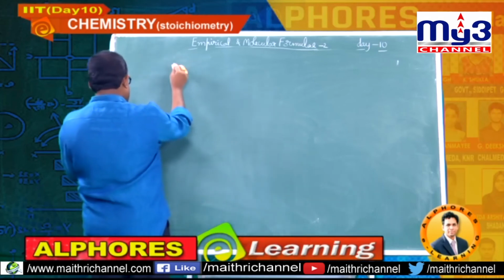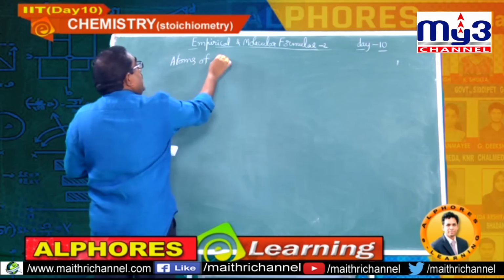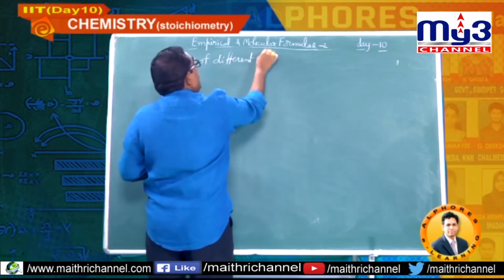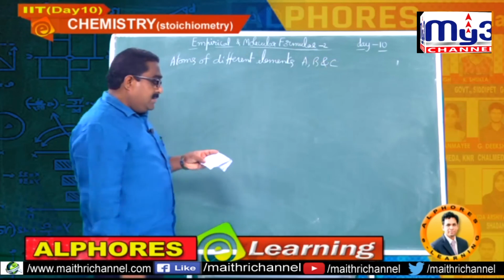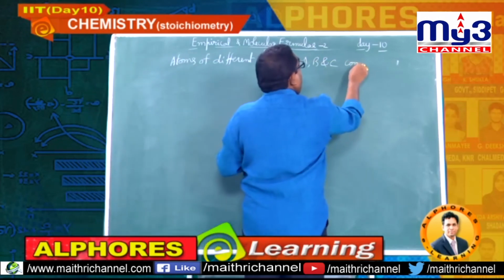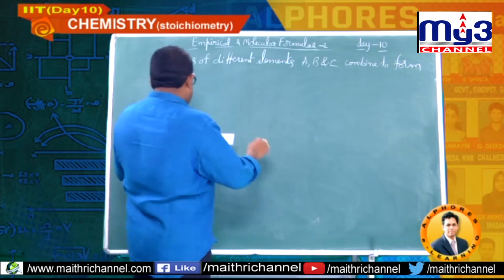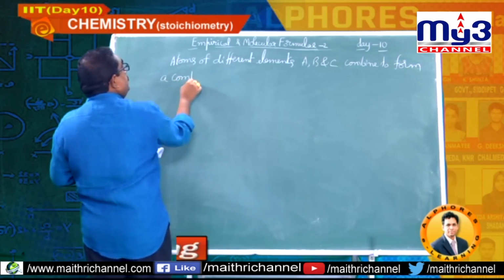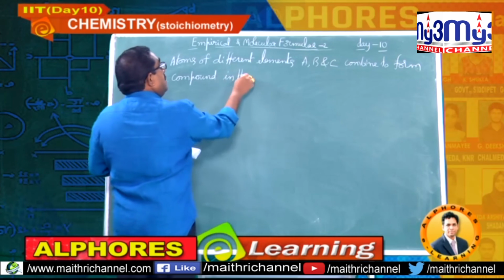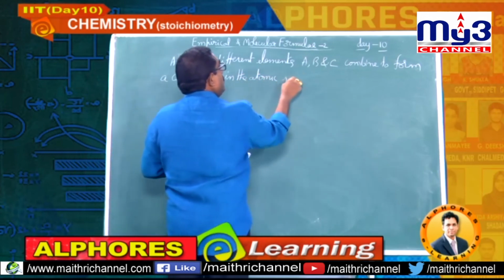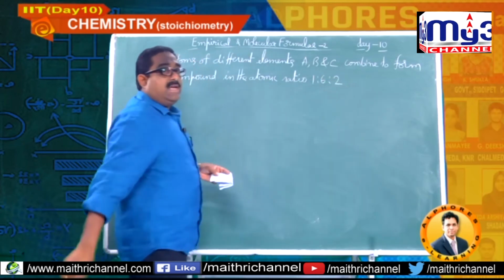Write down. Atoms of different elements A, B and C, write down students along with me, combine to form a compound in the atomic ratio 1:6:2.